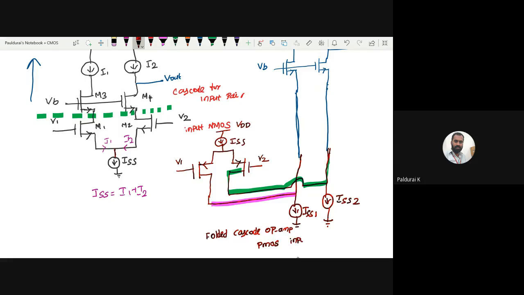Simply a cascode op-amp, that is, a telescopic op-amp, has NMOS as the input pair. So you want to be careful, right? So far any doubt?